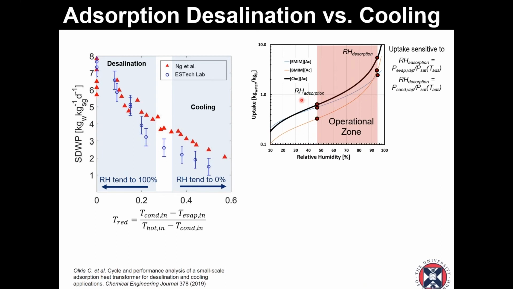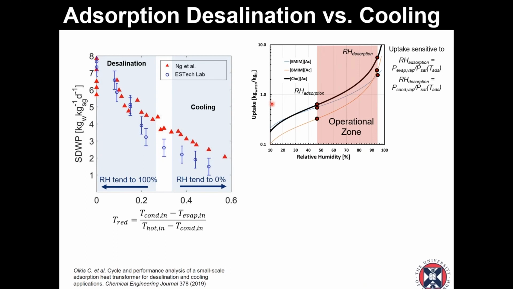They define the relative humidity in adsorption, and the relative humidity in the desorption state. As you see, if you take the difference between these 2 points, the difference in terms of uptake can be pretty significant.